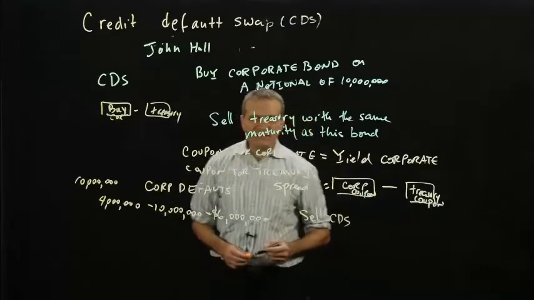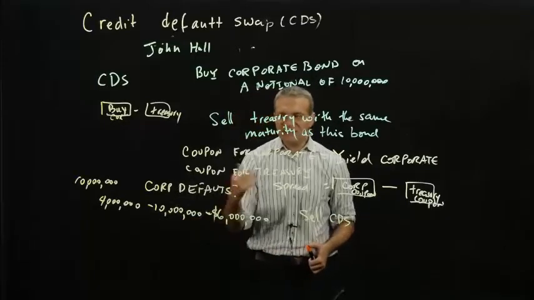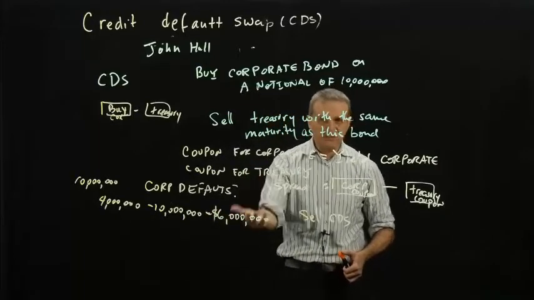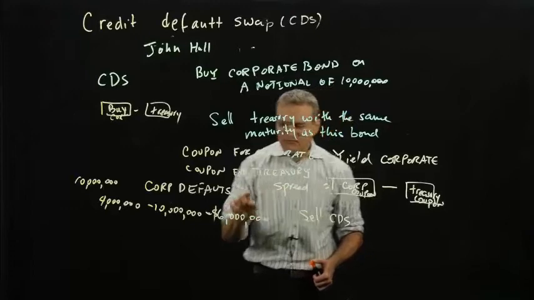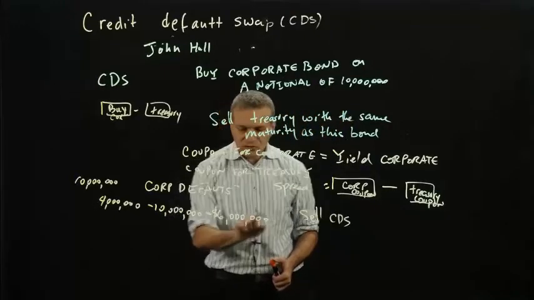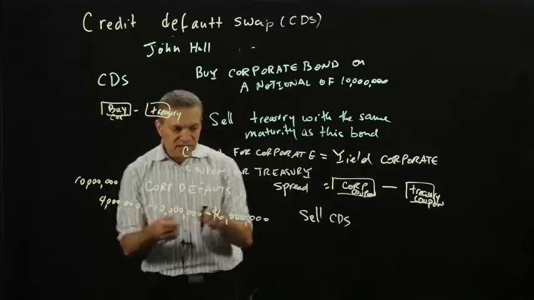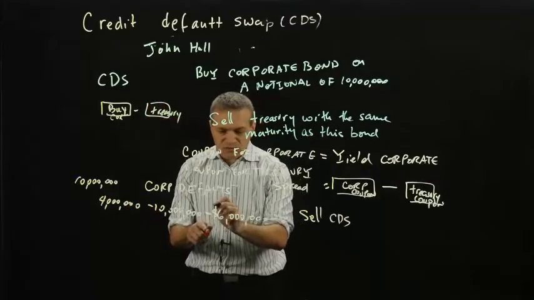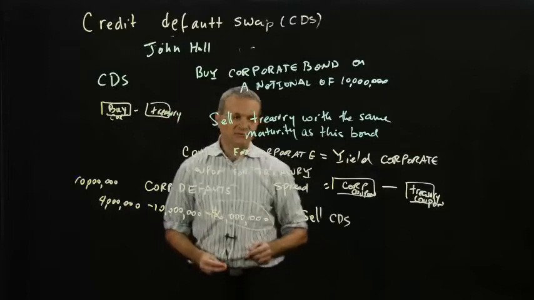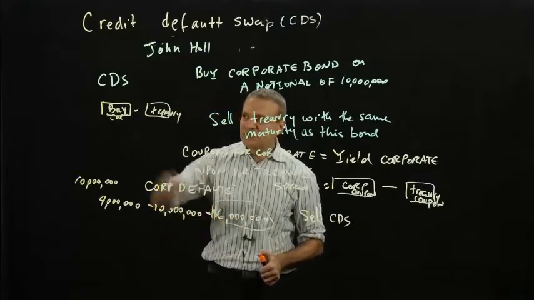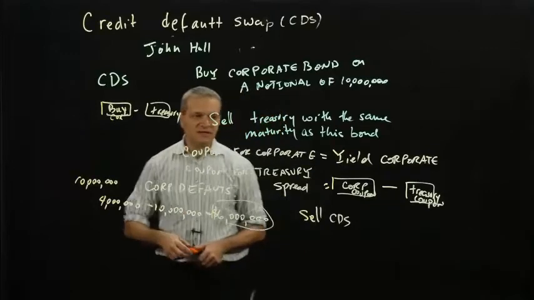Because you are collecting this spread, whatever it is, let's say 5%, so you are getting the coupon. But if it defaults, and we can think about this as 0.4, it's like the recovery rate, you're going to be in a hole of 6 million. And this 6 million is exactly what you owe to the buyer of the CDS.